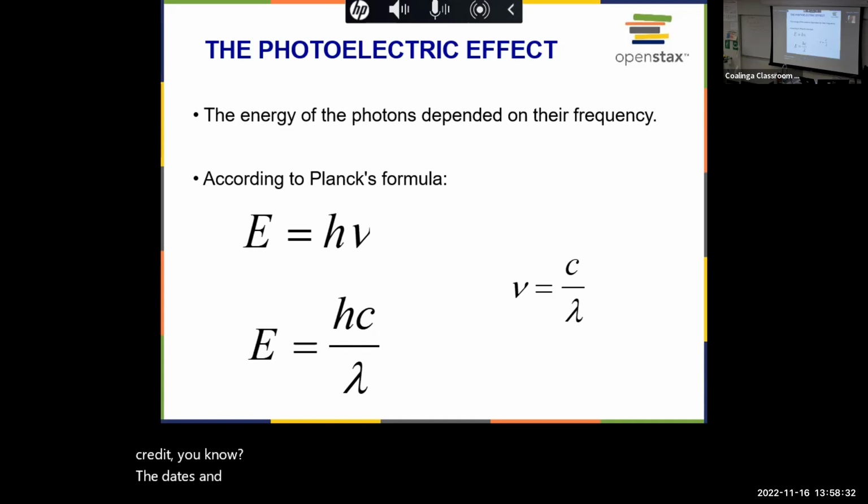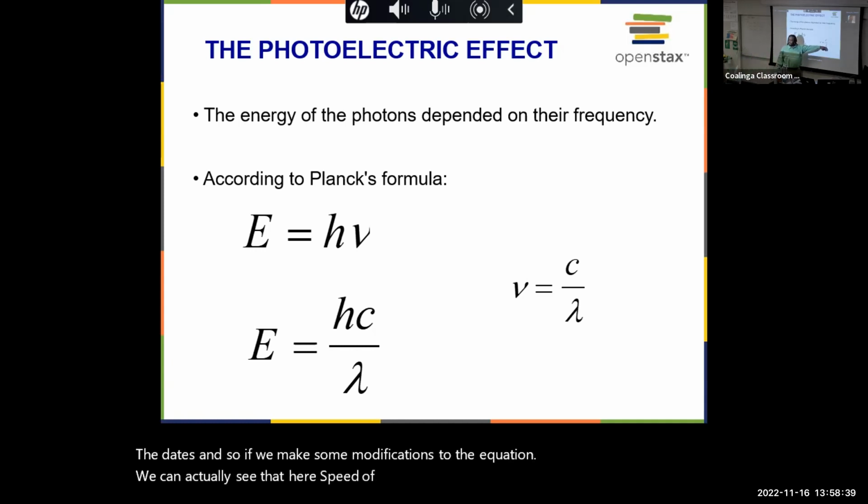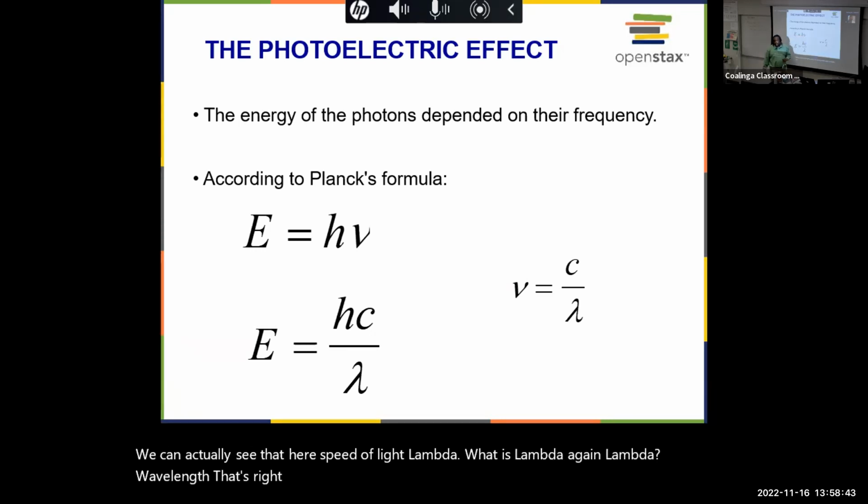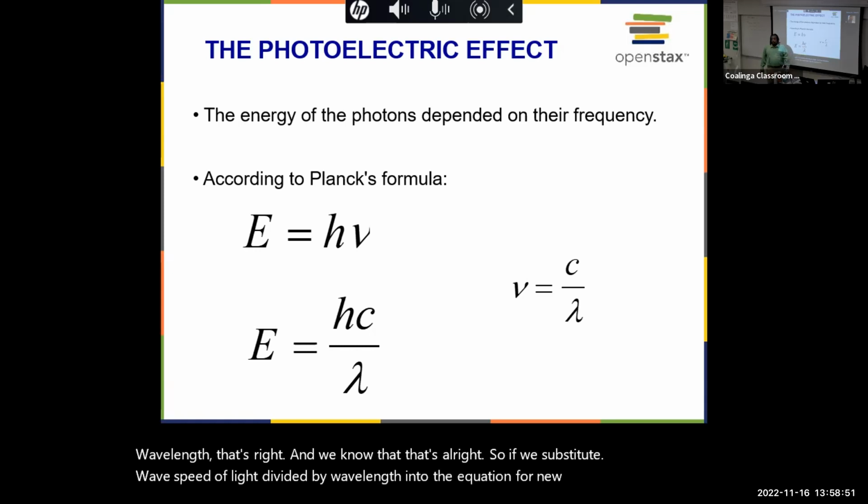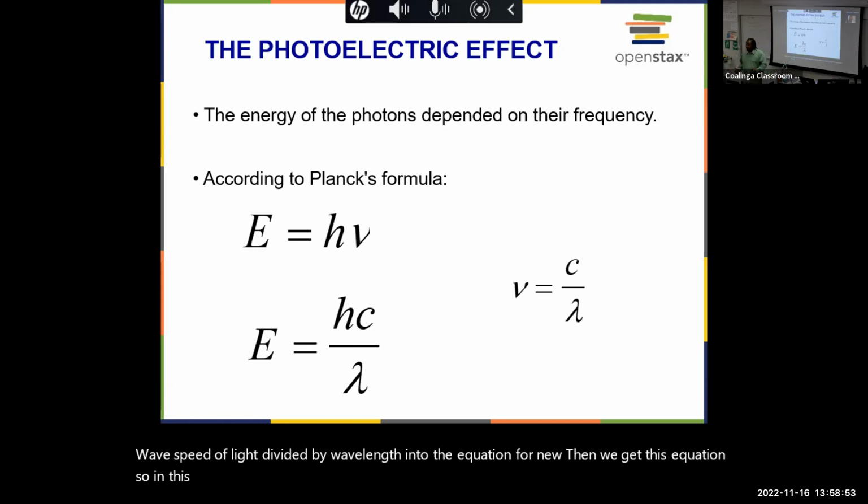If we make some modifications to the equation, we can actually see that here, wavelength, that's right. And we know that that's nu, right? So if we substitute speed of light divided by wavelength into the equation for nu, then we get this equation. So in this case, you think about this.